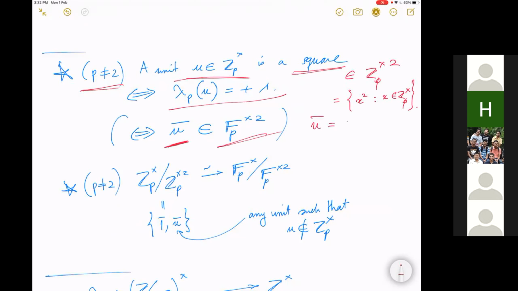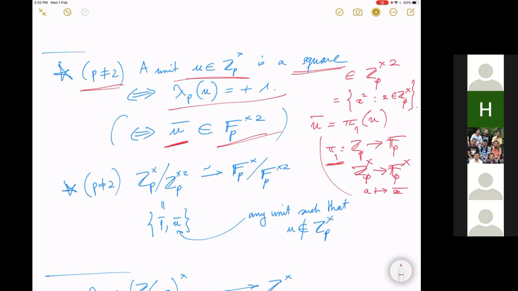That is what I had sometimes denoted pi1 of u. Pi1 is the map from ZP to FP. It will take ZP star to FP star, and after you have used this pi1 for some time, you abandon this notation and you just say it's the map x goes to x bar.